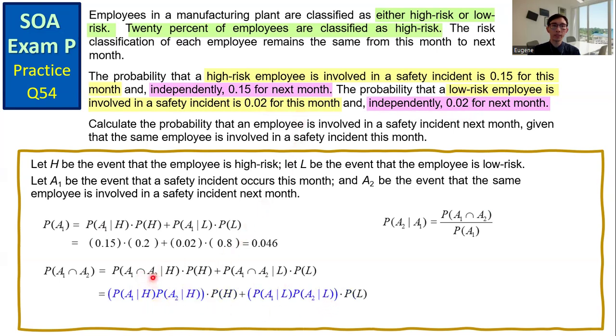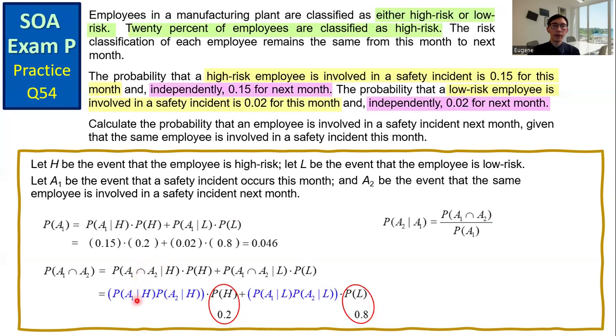The probability of the intersection, due to independence, equals the product of the two individual probabilities. We get P(H) equals 0.2 and P(L) equals 0.8, no change.